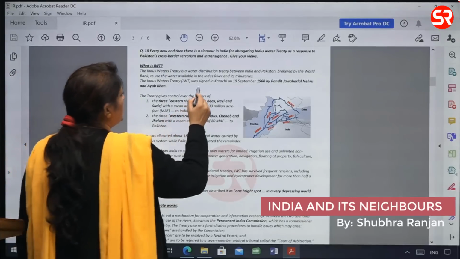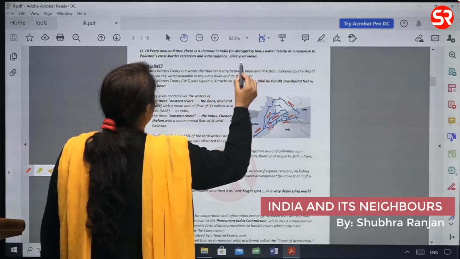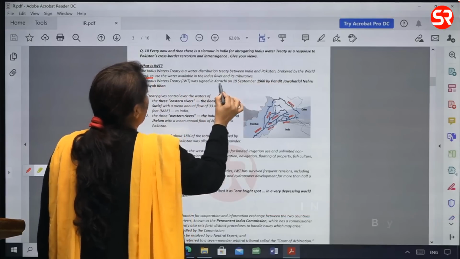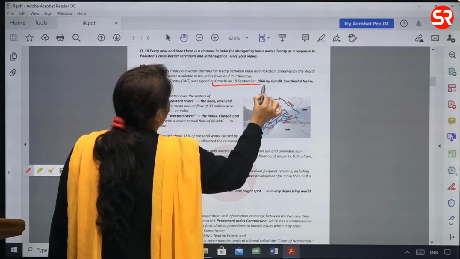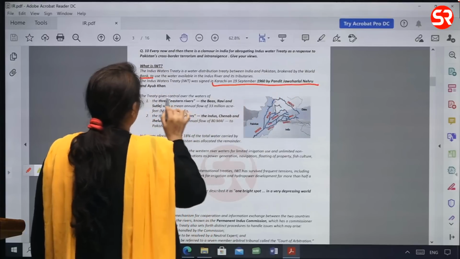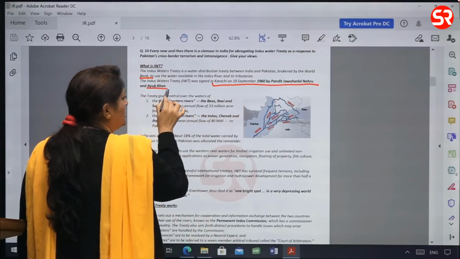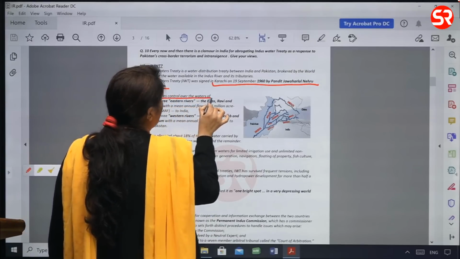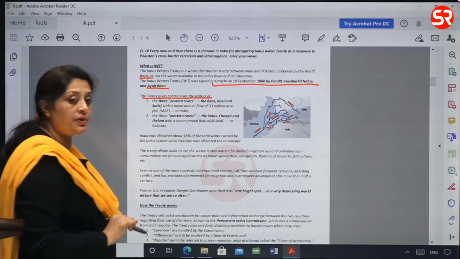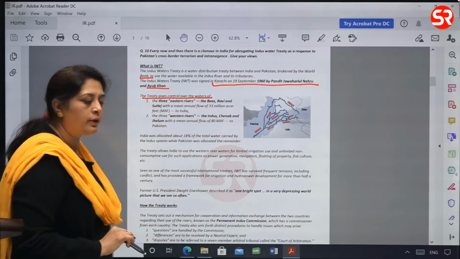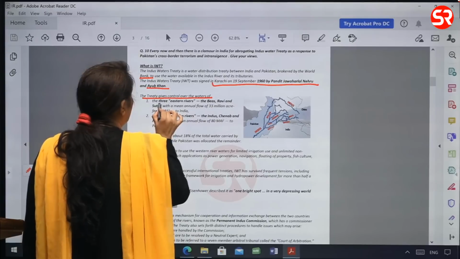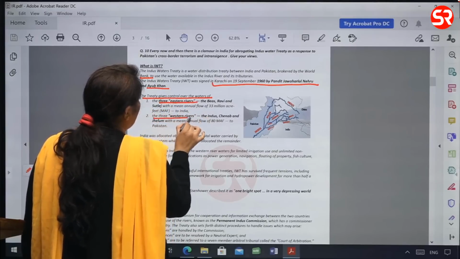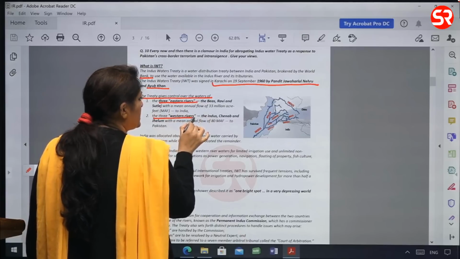The Indus Water Treaty was brokered by the World Bank and it was signed in 1960 by Pandit Nehru and Ayub Khan. You should be aware of how the treaty goes for the distribution of the Indus water: three eastern rivers to India and the three western rivers to Pakistan.